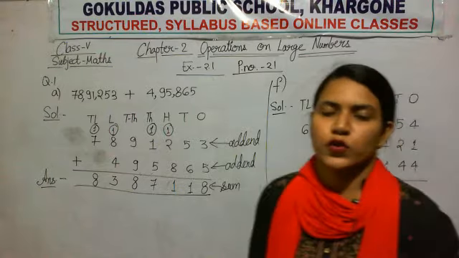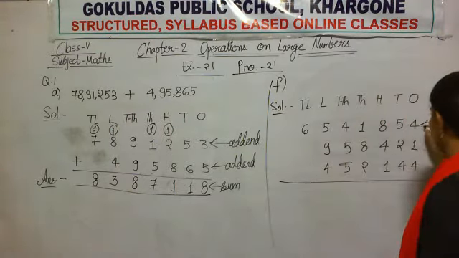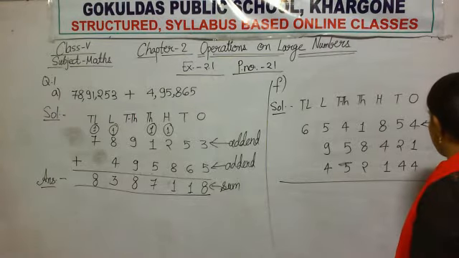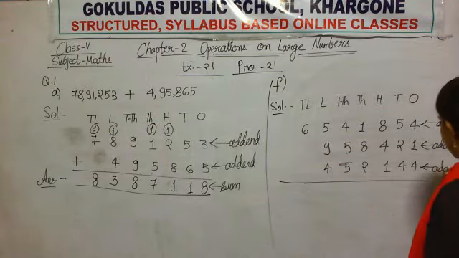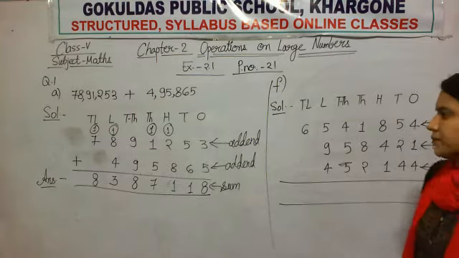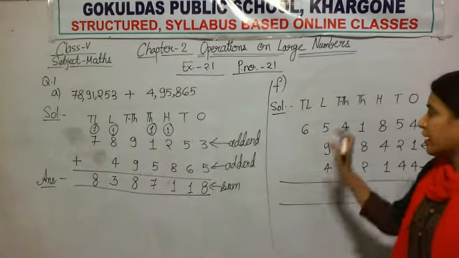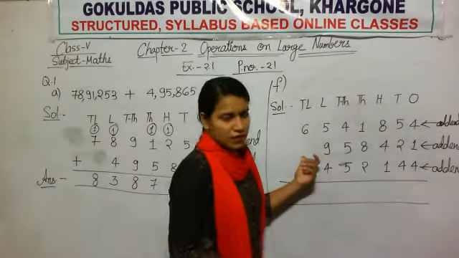Now what you have to do is add these 3 addends, right? We want to add all these 3 addends. You have arranged the numbers in columns.